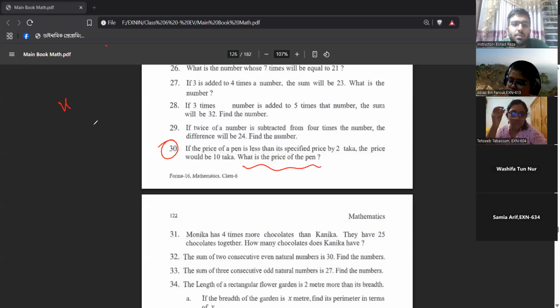So the price of the pen is x. If the price of a pen is less than its specified price by 2 taka, which means x minus 2, the price would be 10 taka. That's what they're saying. Is that clear?